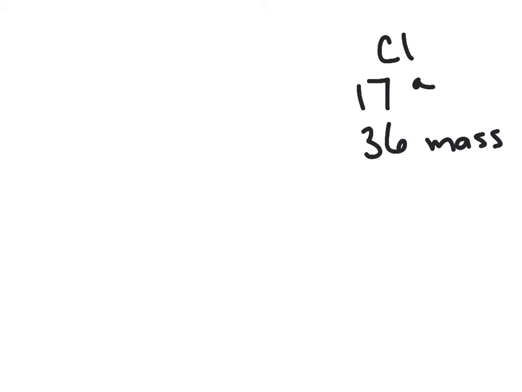Alright, one more example will be chlorine. So if I look at the periodic table, chlorine has atomic number 17, and its mass is 36. So I have my nucleus, and I need the number of protons and the number of neutrons.